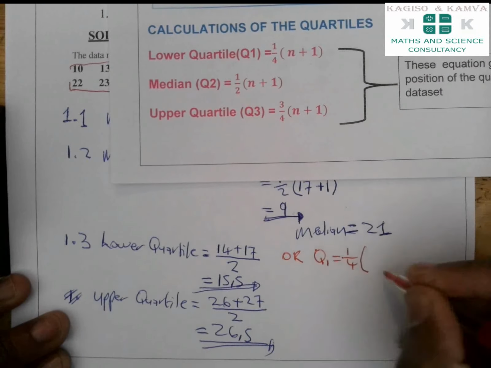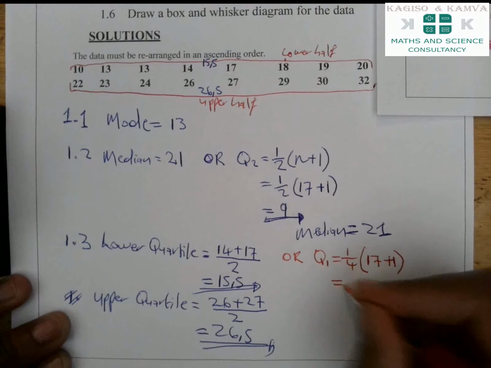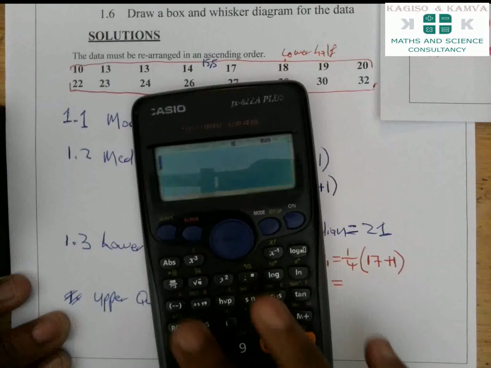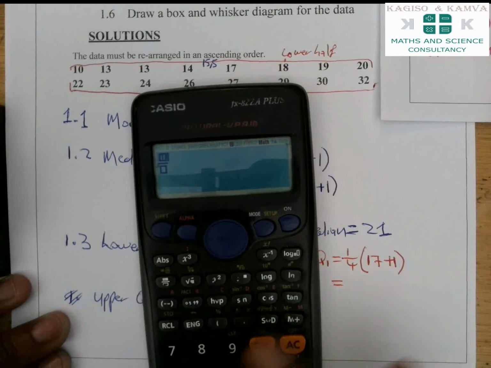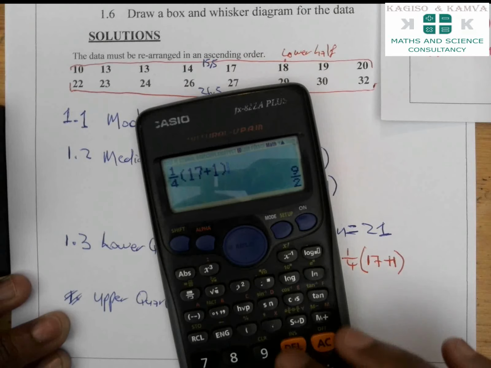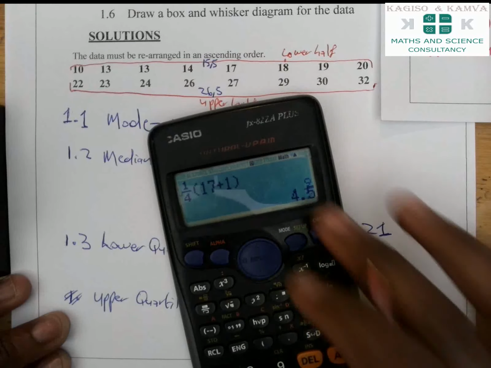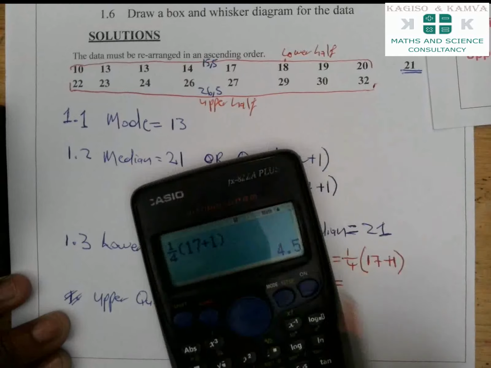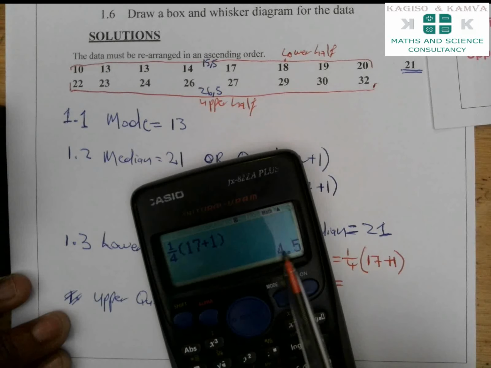Then we get 4.5. If we have it like this, 4.5, you don't round it up.